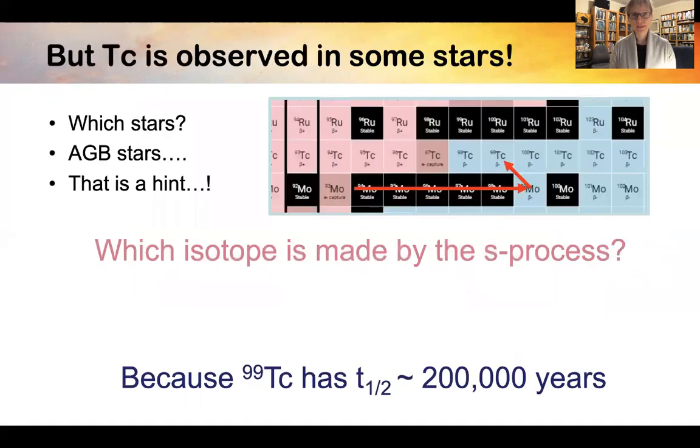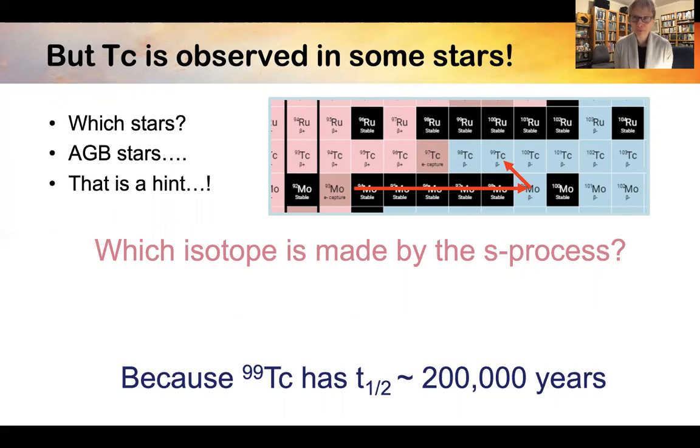Now, the thing is that technetium is observed in stars. We see some stars, not on the main sequence, that are evolved red giant stars of fairly low mass, and they're observed to have technetium in their spectra. So we see absorption lines in the atmospheres of some low mass red giants that have technetium in them.